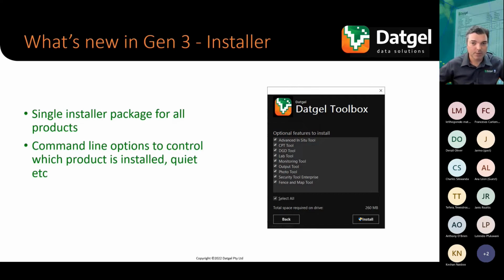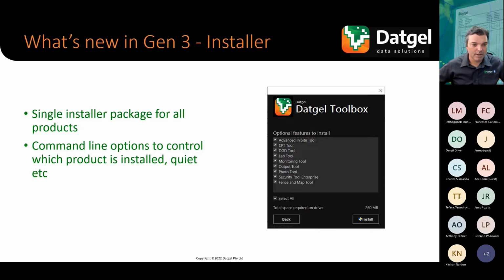Okay, another big thing is we have one installation package for all our products. So instead of having 9 or whatever it was before, you literally download one file and run one installer. You can select which products you wish to install, but you can just install everything, and it doesn't really matter.